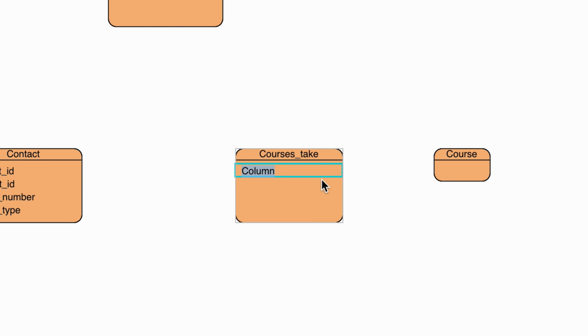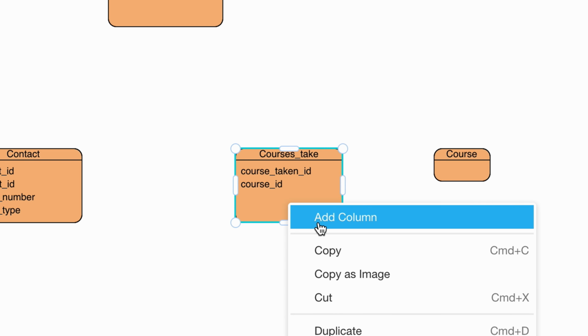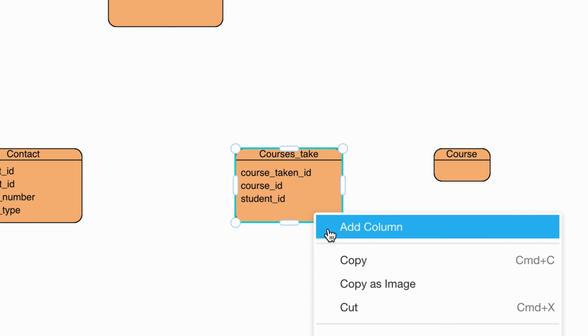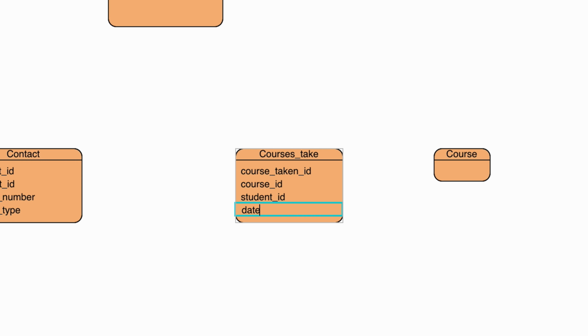In the courses, we'll add course taken underscore ID. Course ID. Student ID. And date signed up.